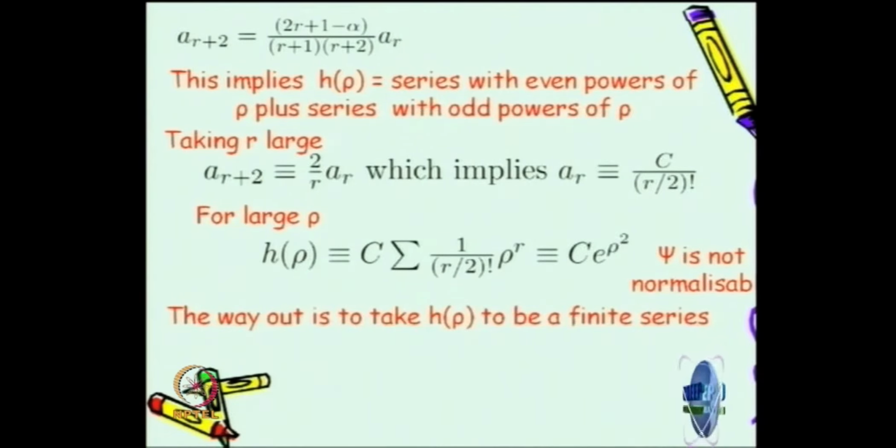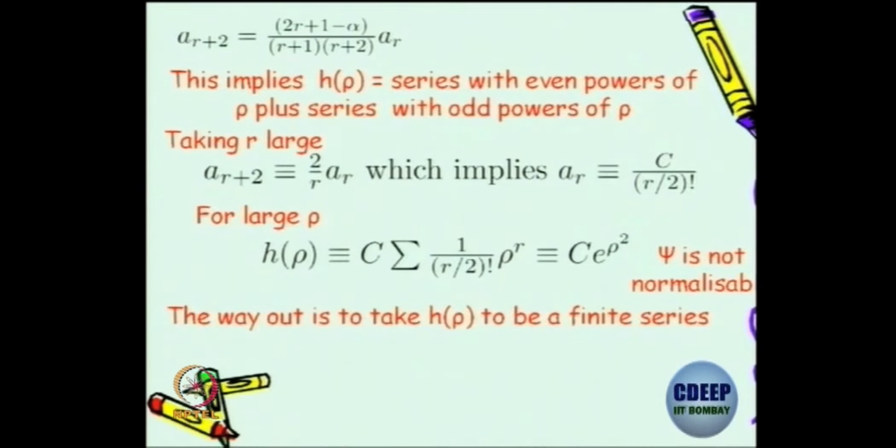The way out is to take h of rho to be a finite series. But how finite should you take? Whatever finite you want to take, that means at some point you have to put this coefficient for some specific r to be 0. That is the meaning of saying it is a finite series.